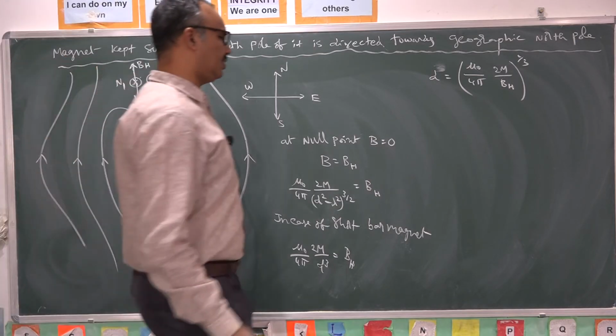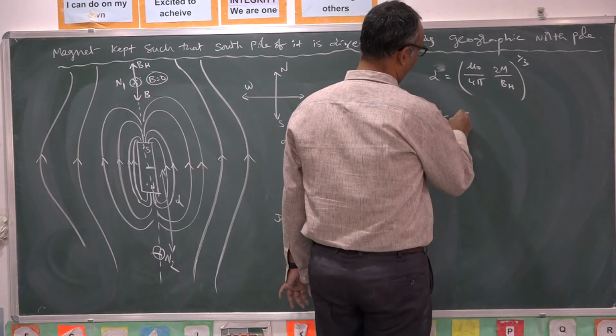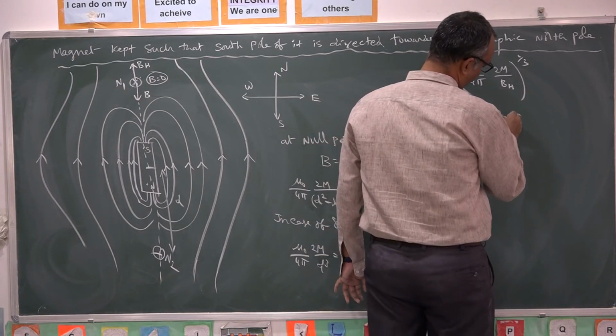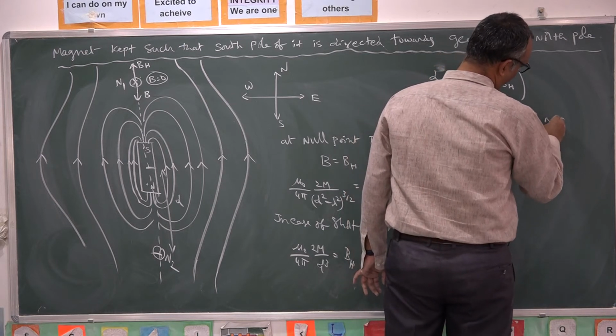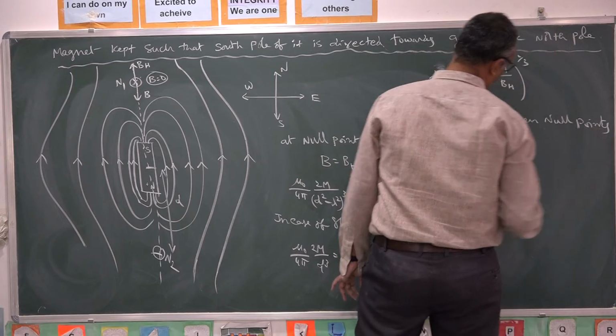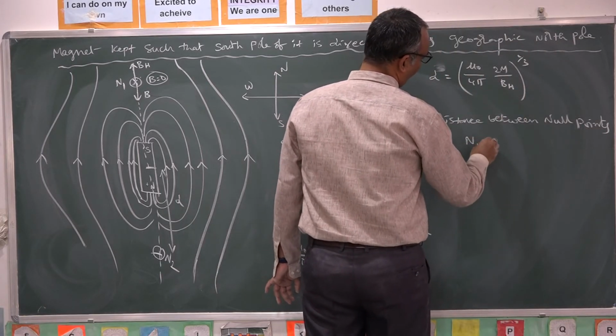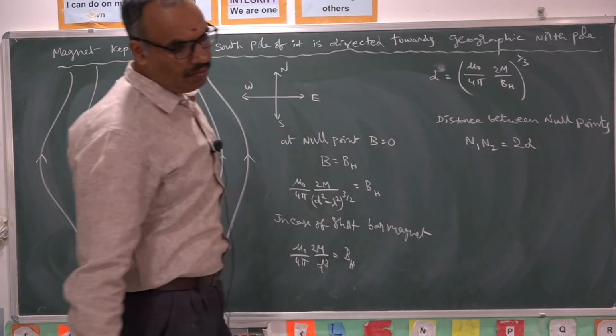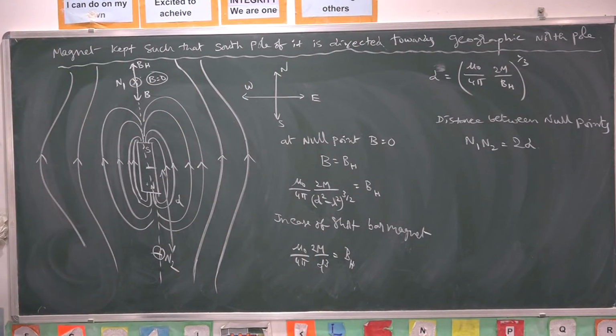Distance between null points N1, N2 is equal to 2d. By knowing d value, you can get the distance between the two null points.